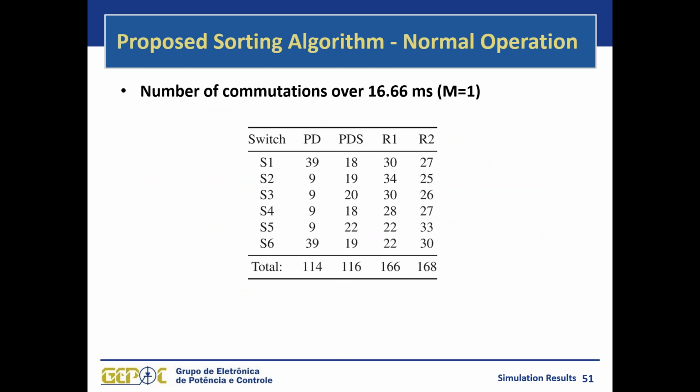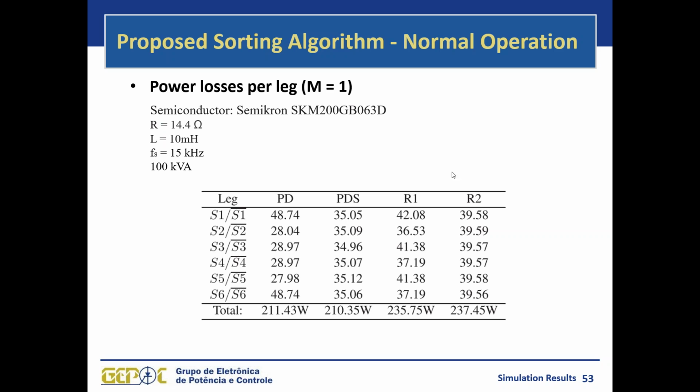Yes, so this is for normal operation, but we can see that for the PD we don't have the even distribution of the pulses, and we have higher losses for the switches. And when we compare to our strategy, both strategies have a similar distribution of the losses for the switches.